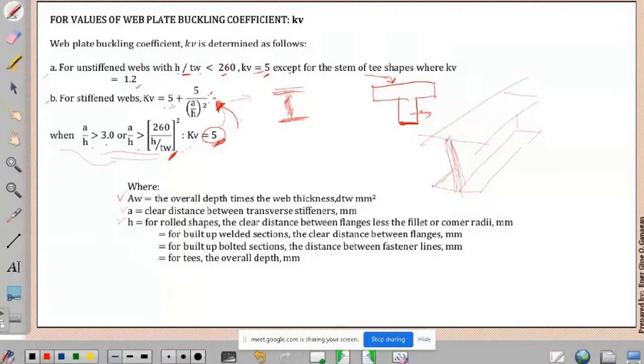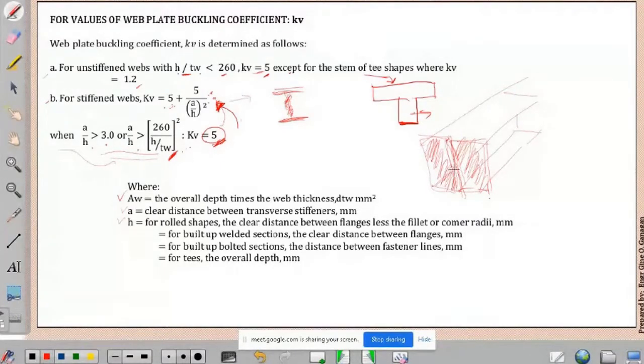So dito, pwede tayong maglagay dito. So pagka medyo mahina yung ating web na nagkikerry ng ating shear, gusto natin mas malakas, pwede tayong maglagay ng stiffeners or yung web stiffeners dito. So pwede tayong maglagay ng web dyan for reinforcing. Tapos meron din dito sa kabila for reinforcing. So pwede yan. So para mas mataas yung ating web.